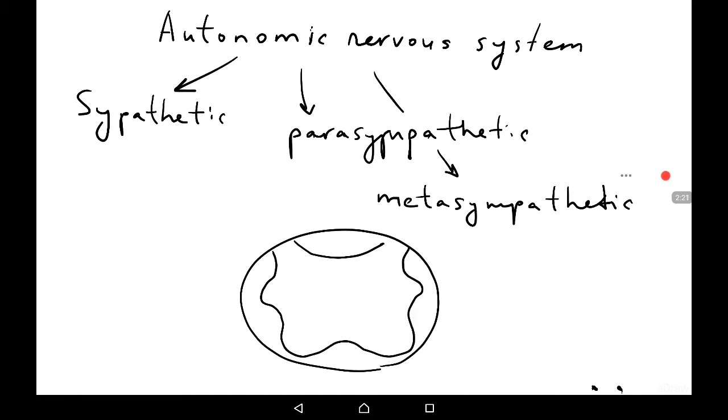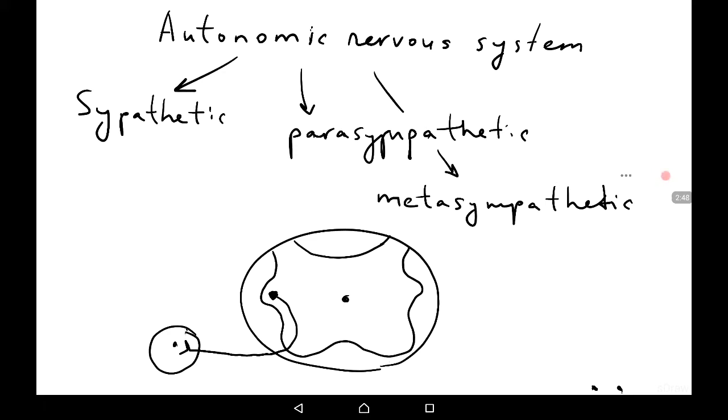Spinal cord, gray matter, and the most important thing is that the bodies of the efferent neurons are located in the lateral horns of the gray matter, and they propagate to the autonomic ganglion.